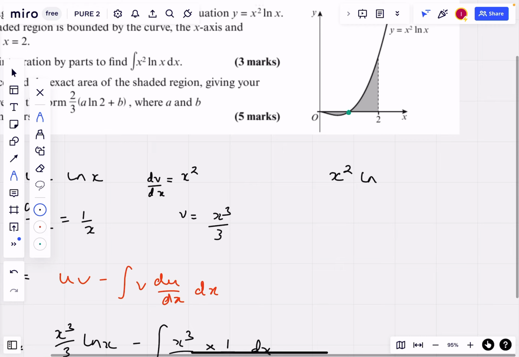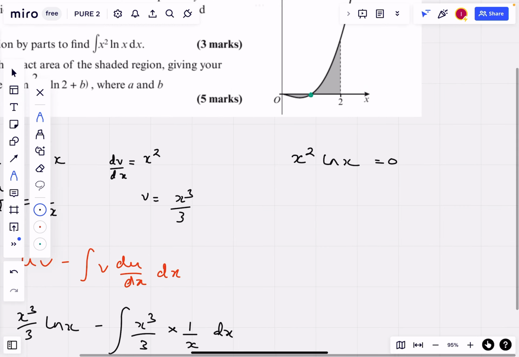So x squared ln x equals 0. That means x equals 0 or x can equal 1. The reason being that ln 1 is 0, so times that by x squared, you still get 0.